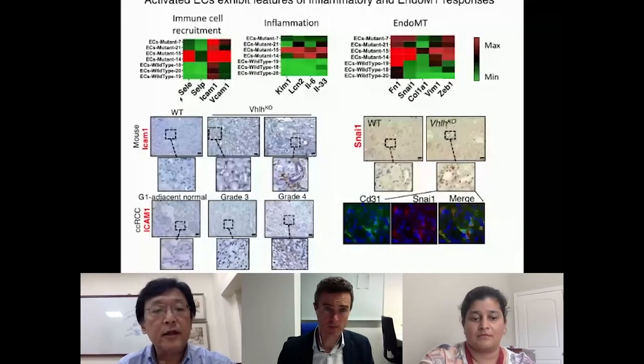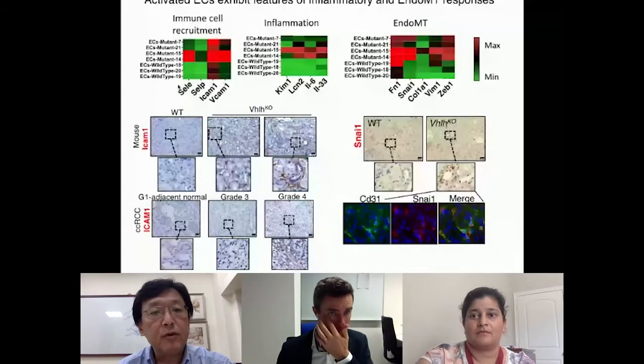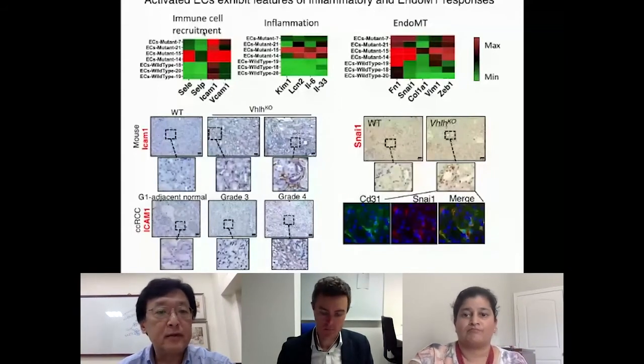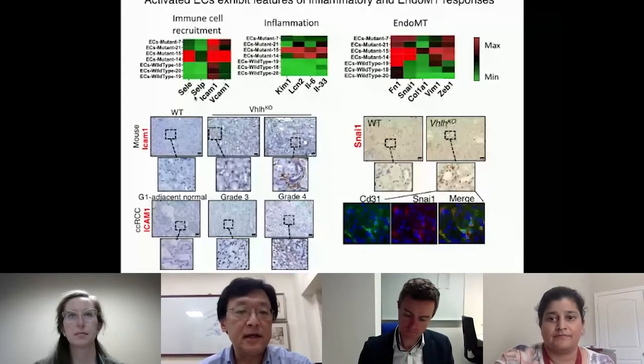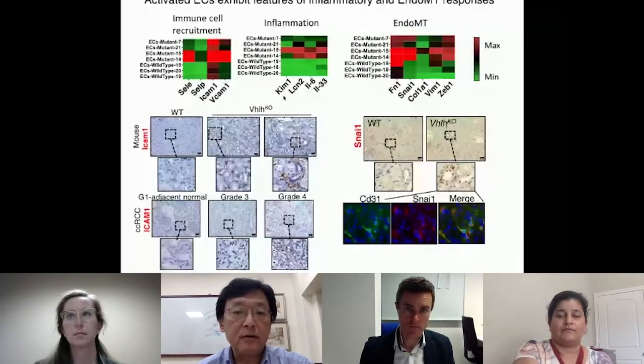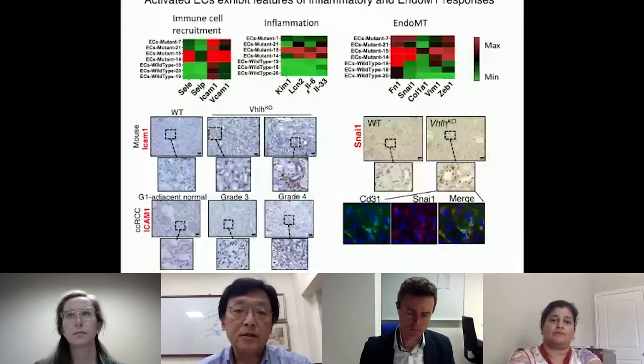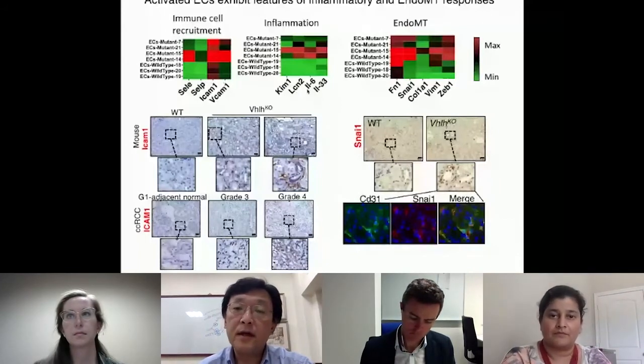If you look at individual genes, you can find genes involved in immune cell capture, recruitment, and rolling, for example E-selectin, P-selectin, ICAM1, VCAM1. Also genes involved in inflammation, for example kidney injury molecule 1, lipocalin 2, IL-6, IL-33.